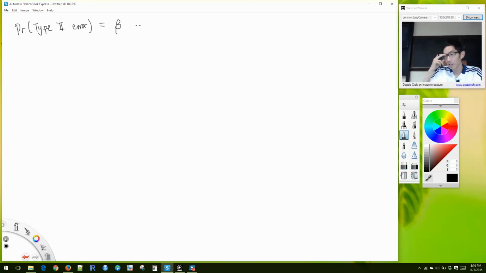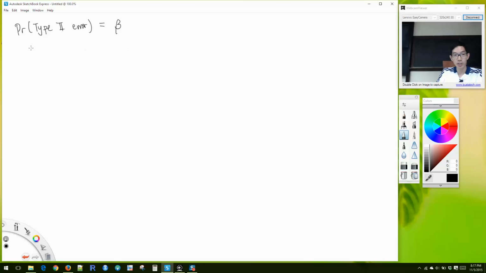Beta is the second letter of the Greek alphabet, equivalent to B. That's the probability of type 2 error. We don't have any choice of beta. This is inherent to, or this beta is a result of several factors. So we don't have a choice over beta.